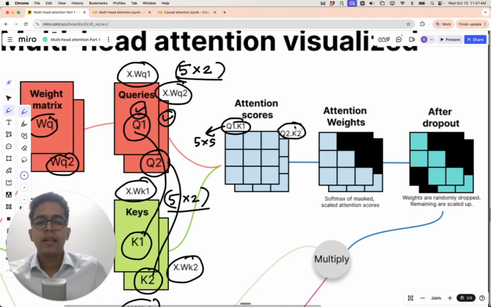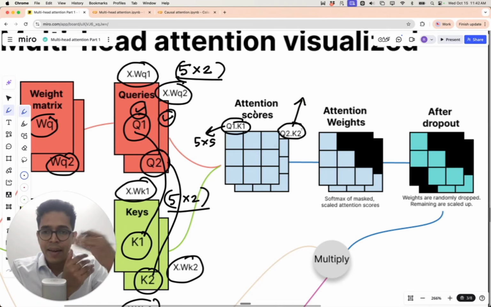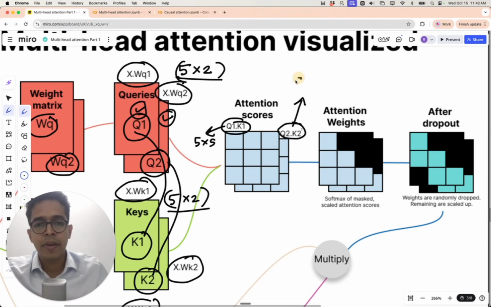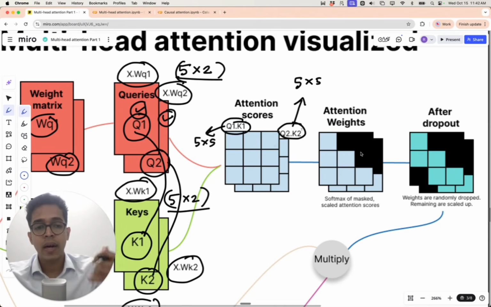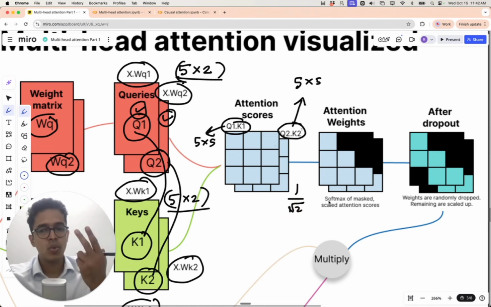The second set of attention scores will correspond to the second attention head, the second layer in the attention head. Again, that will be 5 by 5. And then we mask the attention scores such that the upper rectangle are all negative infinity. We also scale down with 1 by square root of d, which is 1 by square root of 2 in this case, because the dimensionality of the query key space is 2.